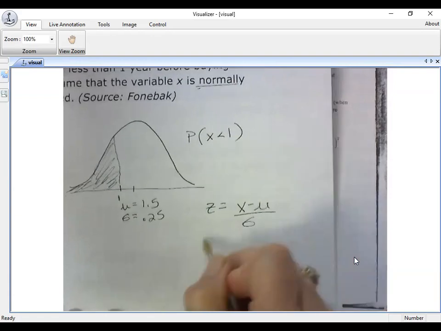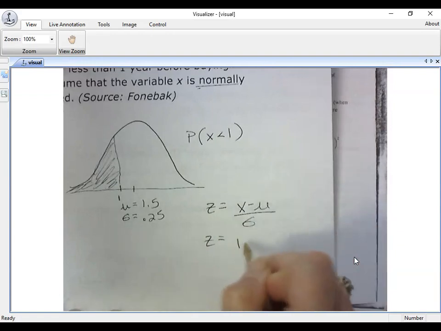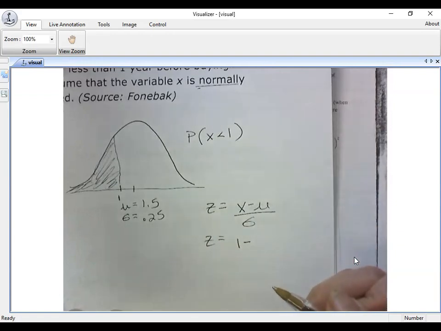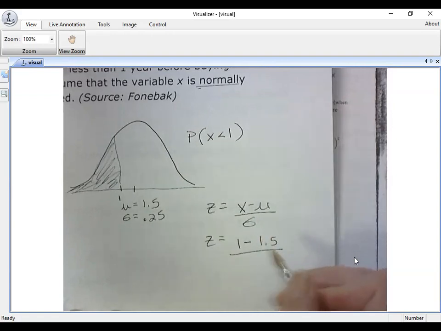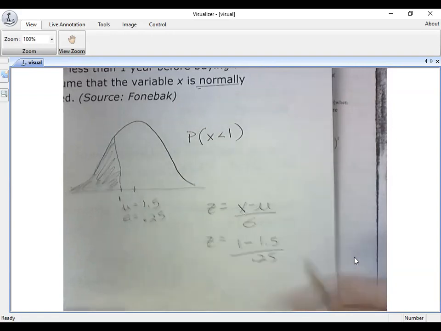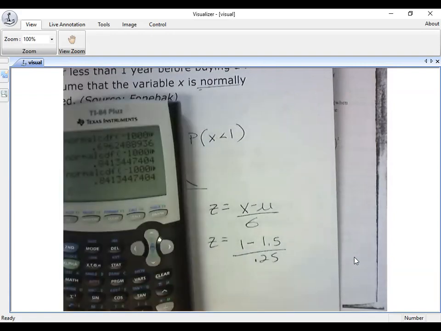So tell me what you put in for x. 1 minus, what's your mean? 1.5. And your standard deviation was 0.25. Okay, crunch those numbers in your calculator. Let's see what you get. So I have 1 minus 1.5, and I'm going to divide that by 0.25.